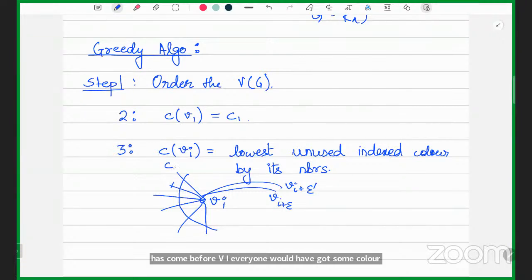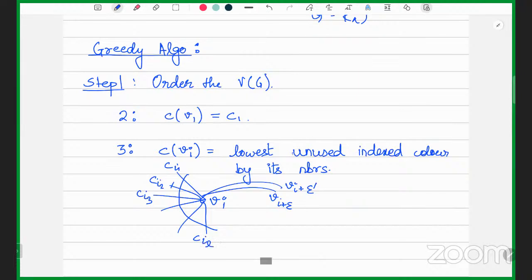Let's say Ci1, Ci2, Ci3, and Cil. These are all numbers. So whatever is the lowest number which is unused, you put that color on this vertex.